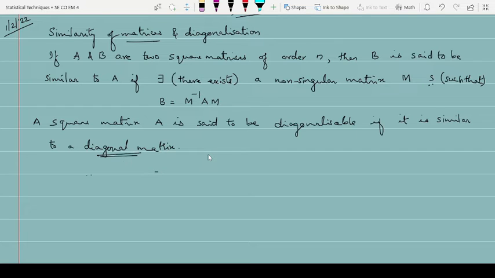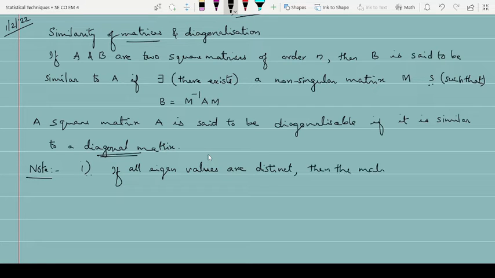Now, an easy method to find out whether a matrix is diagonalizable or not. The first thing is that if all eigenvalues are distinct, this is the easiest way, then the matrix is diagonalizable.